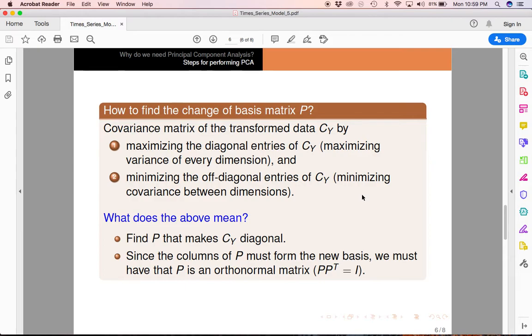It means that P should be such that CY is diagonal, where CY is the covariance matrix of the transformed space. And since the rows of P form the new basis, P must be an orthonormal matrix, that is PP transpose is I, which means P transpose is its own inverse.